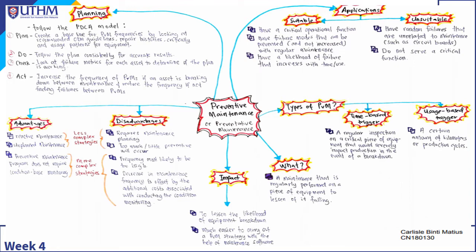Okay, so the disadvantage for this preventive is it requires maintenance planning. Too much or too little preventive maintenance will occur. Frequency is most likely to be too high. The decrease in maintenance frequency is offset by the additional cost associated with conducting the condition monitoring.